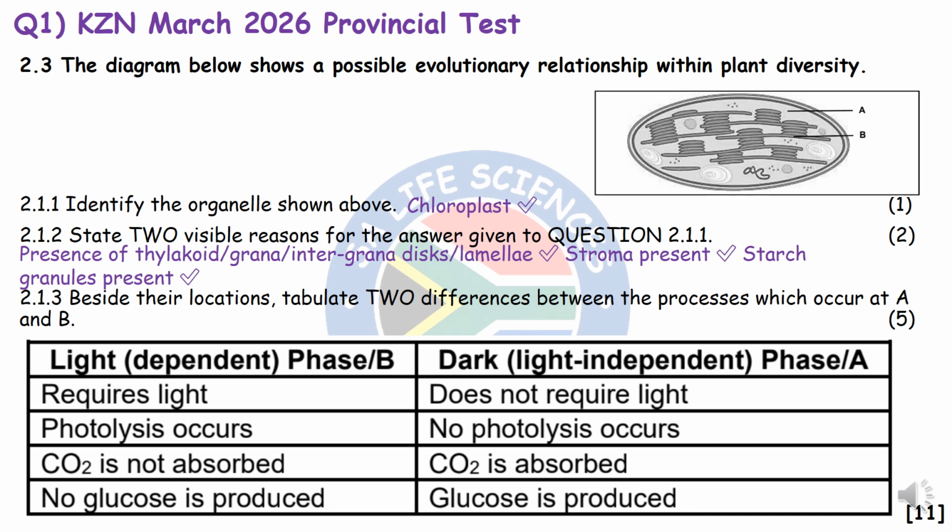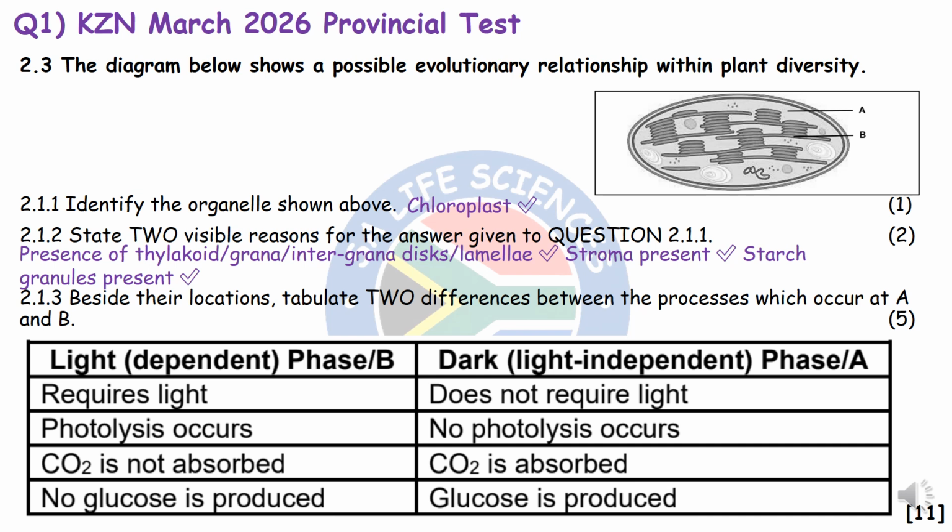Question 2.1.3 asks us the following. Besides their locations, tabulate two differences between the process which occurs at A and the process which occurs at B. So process A is taking place in the stroma and process B is taking place in the thylakoid.